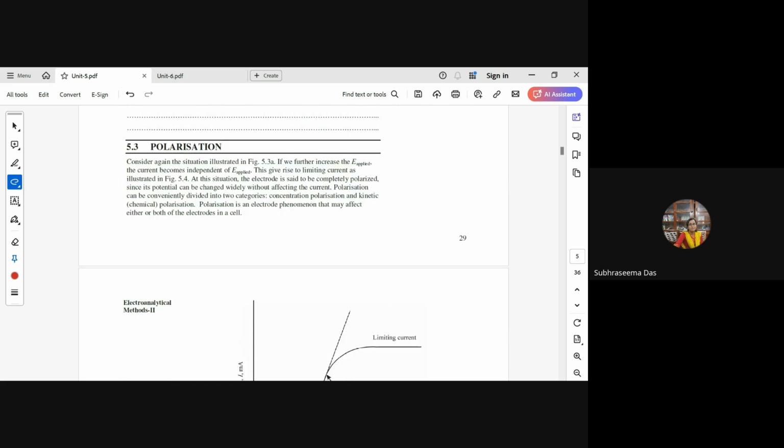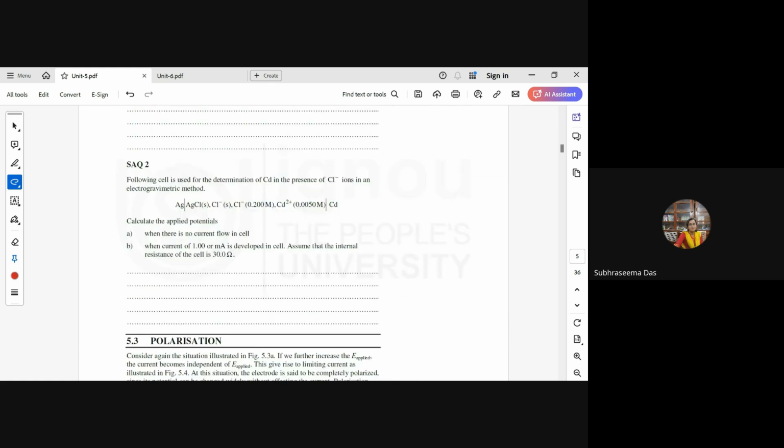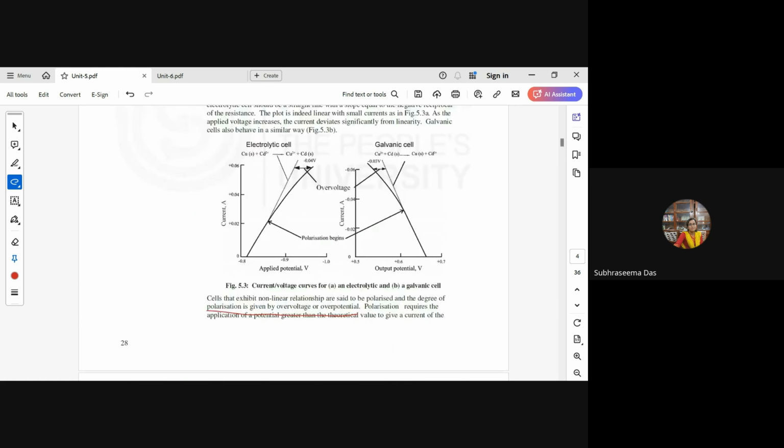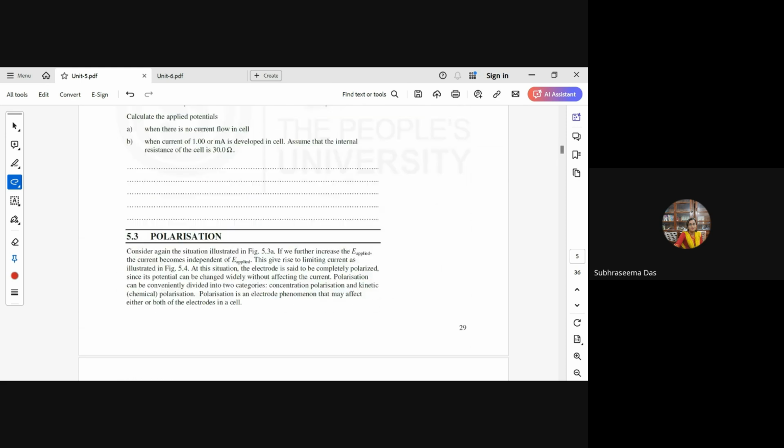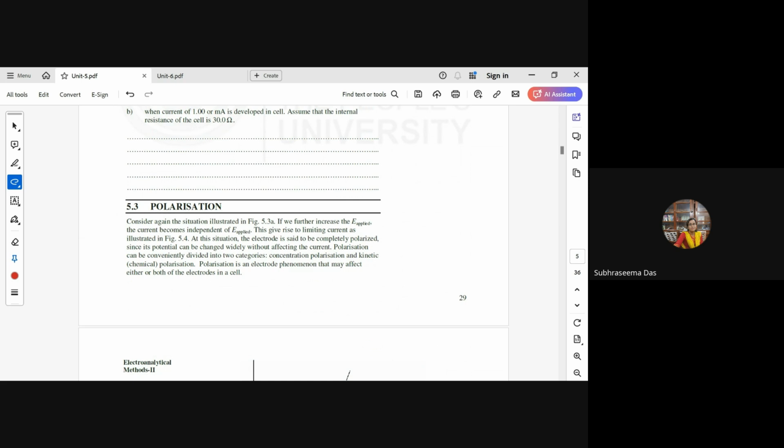Now we need to understand what polarization is. If we look into the graph given in figure 5.3b, this is for an electrolytic cell. As we increase the voltage along the x-axis, the current becomes independent of E applied. This gives rise to a limiting current. At this situation, the electrode is said to be completely polarized, since its potential can be changed without affecting the current.